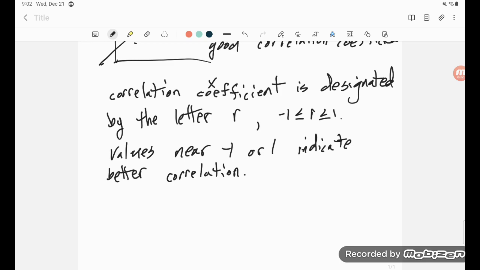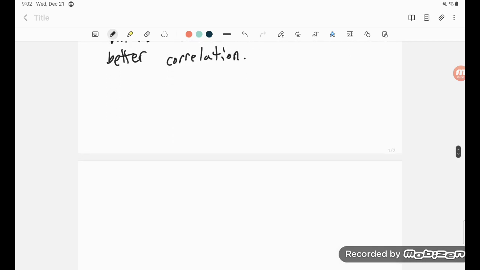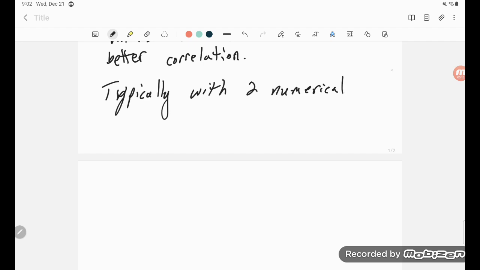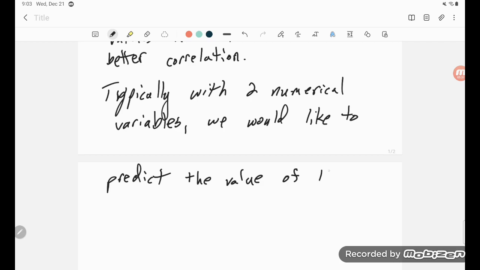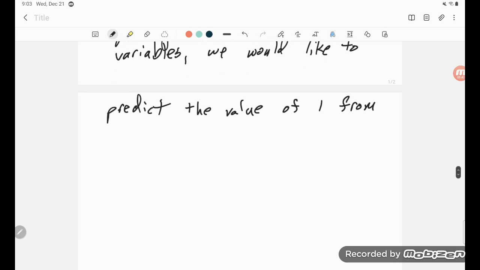So to give you an idea of how correlation and association are different, typically with two numerical variables, we would like to predict the value of one from the other.